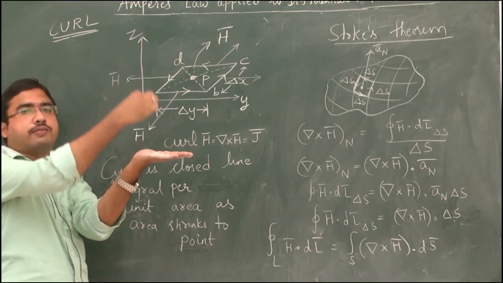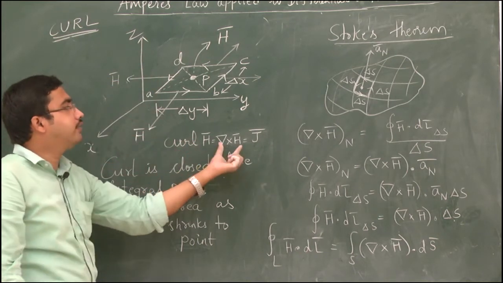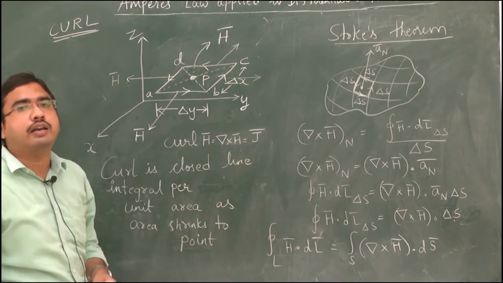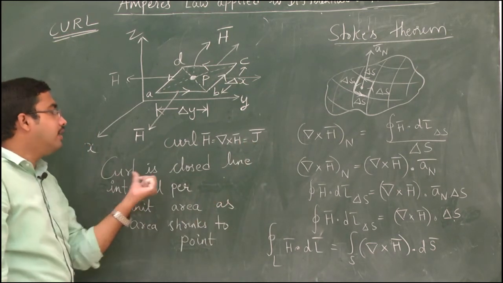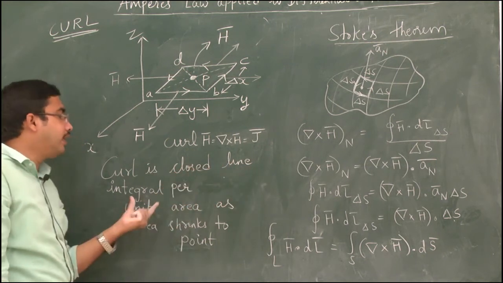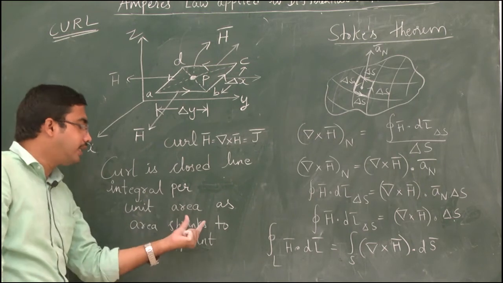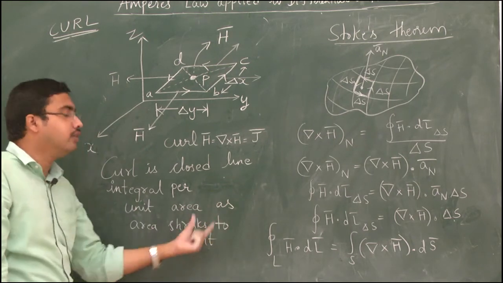perpendicular to that surface. Okay, curl h bar is defined as del cross h bar, which is equal to J bar. Physically, curl can be defined as the closed line integral per unit area, as the area shrinks to a point.